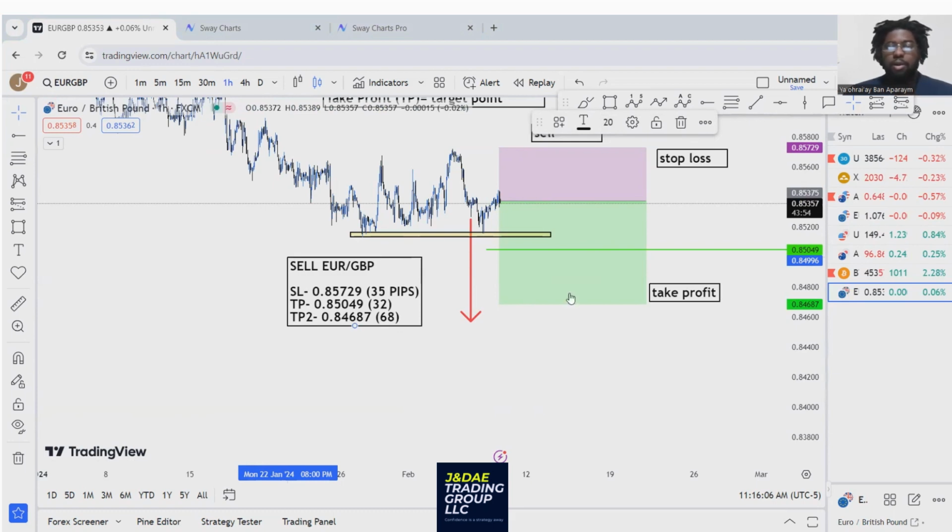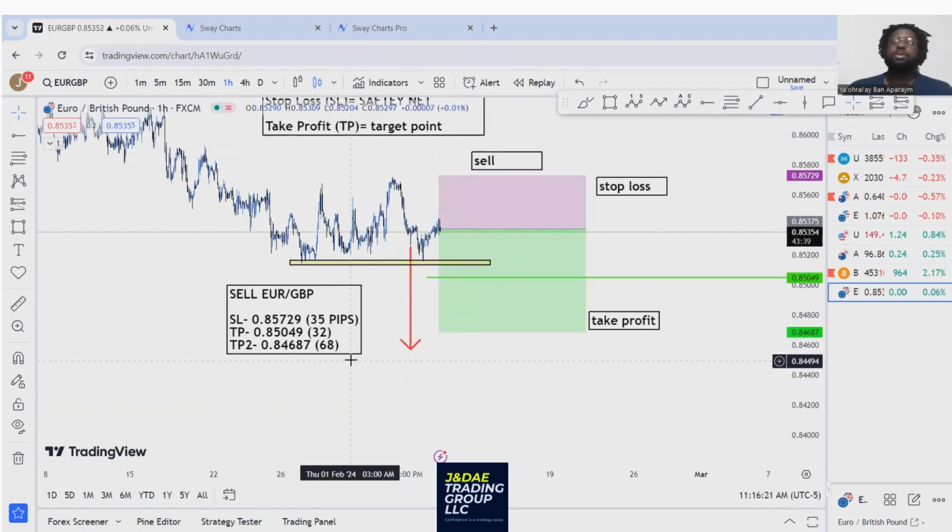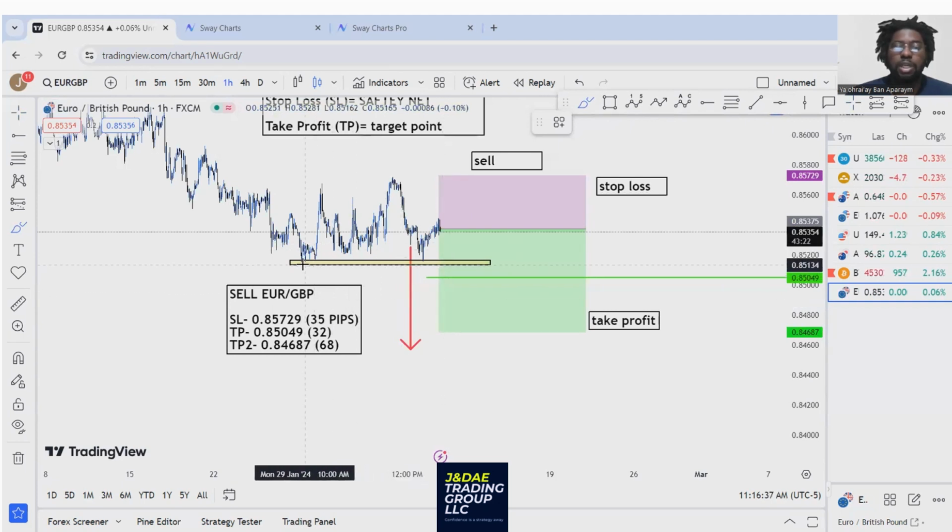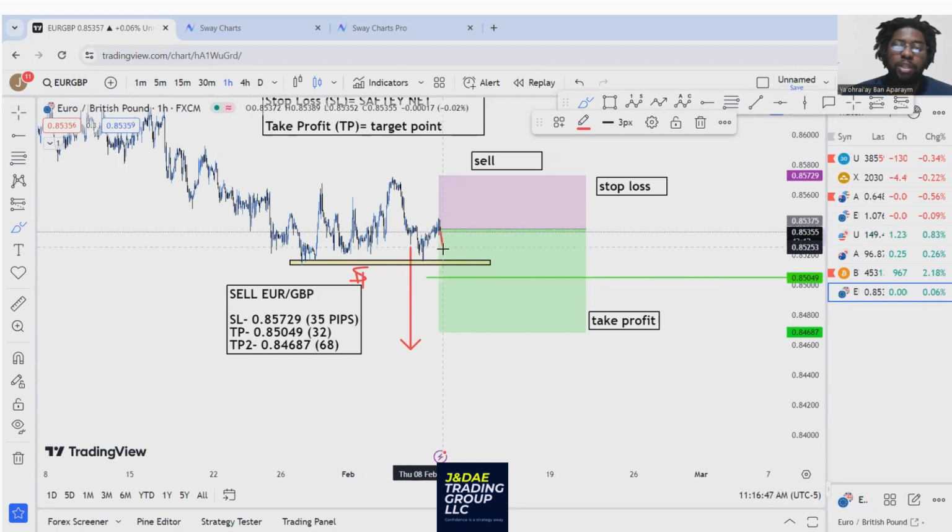So let's go further down this. Now, some of you guys seeing this may be confused: which TP do I use? Should I use TP1 or TP2? The purpose of the TPs is telling you high probability areas that price may go to, and from that area, price can reject. For example, a trade like this is a double bottom, so we have liquidity under there. It's a little more advanced, but based on understanding that, I could expect price to go below that, hit that target, and then it could just reverse back above and keep going.